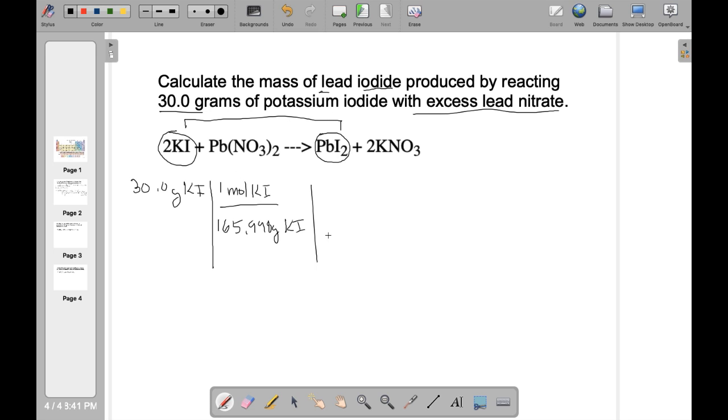So 2 moles of potassium iodide will equal 1 mole of, sorry, and this is where I'm not following my own rule, which is to be neat. 1 mole of lead iodide. Now I need to transform lead iodide into grams. So I'm going from mass to moles, back to mass.